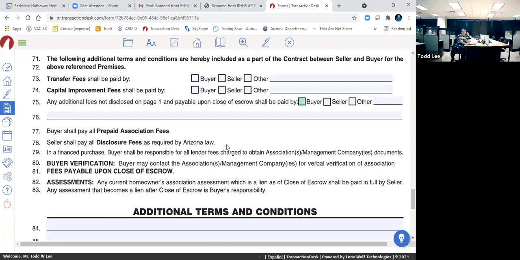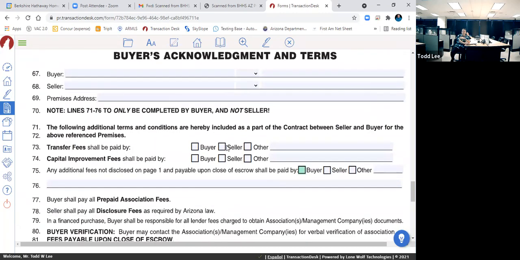Are there any questions about what that line is and how to use it? I do have one comment about it, Todd. Yes. From the title company, from escrow, one of the things that folks have discussed is the rush fee for HOA. Oh yeah. So that would be one of those checked boxes. If there's a rush, if the HOA is taking time, maybe the buyer does want to move things along.